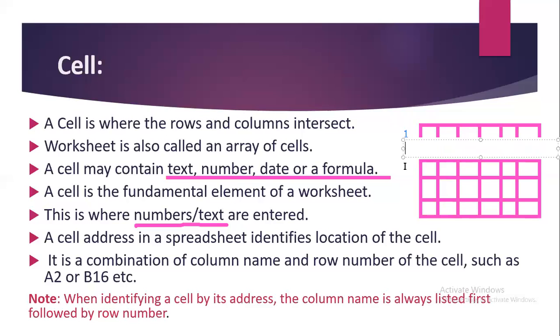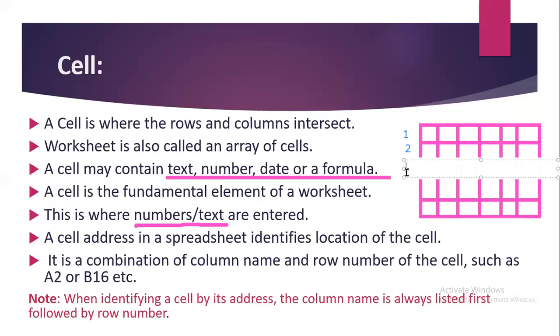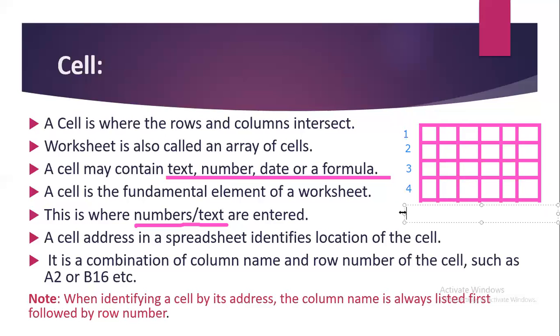The row headers are in the form of 1, 2, 3, and for example, 4 and 5. And here we have column headers. Column headers are in the form of A, B, then C, then D, then E, then F, for example.